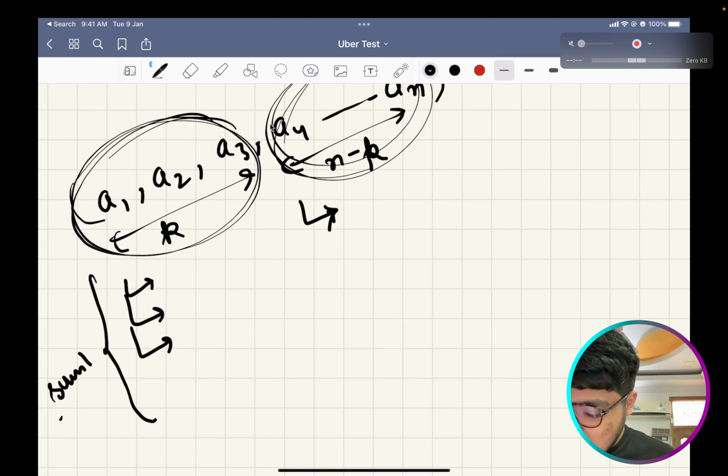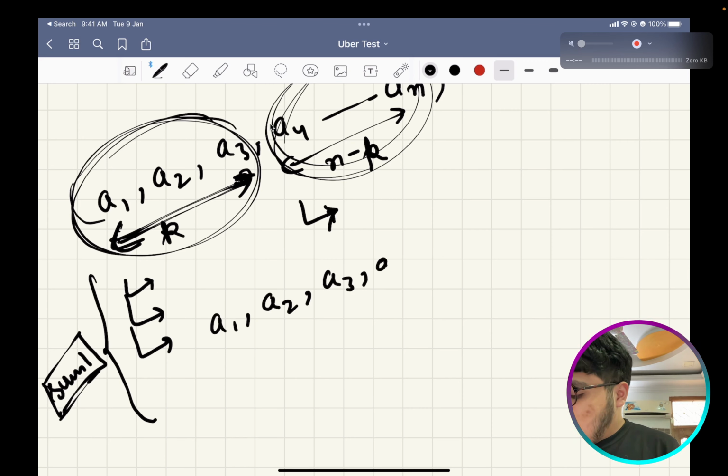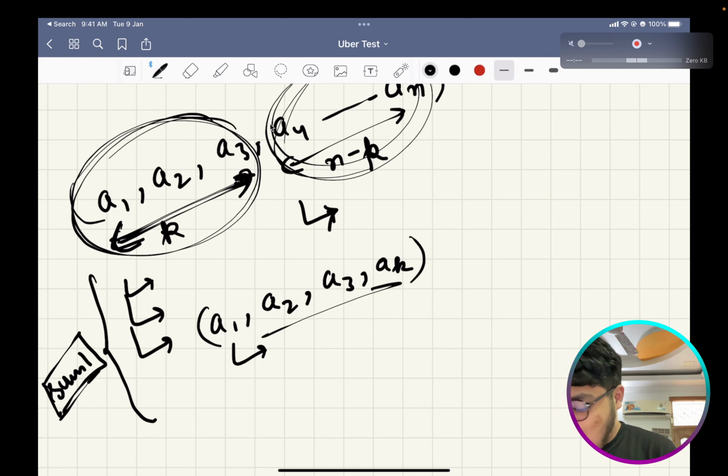Let's say there is a particular map, sum 1, which has the sums of the subsets of all those elements from a1 to ak, and you would be storing that into this map, and then you would be iterating over this map.